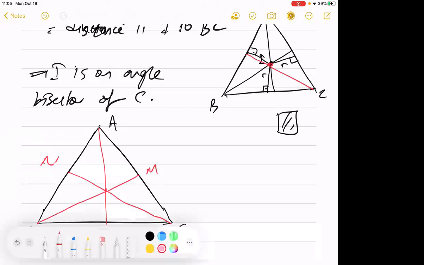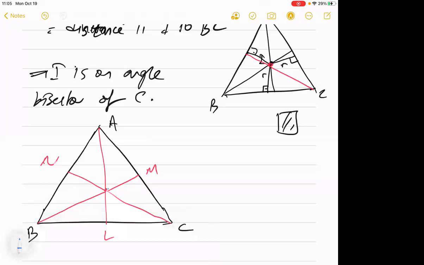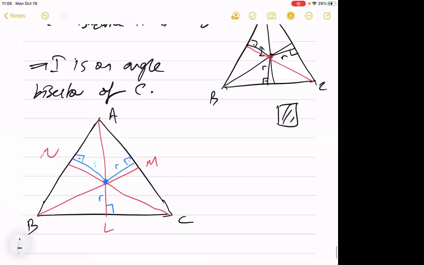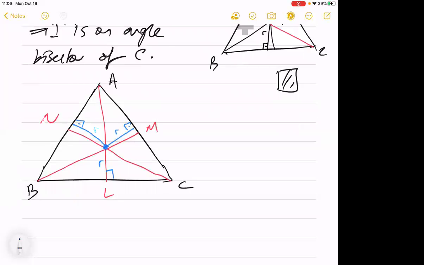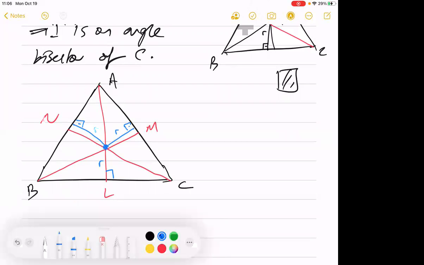If we draw these heights, the distance from I to that side is, let's say, R. The distance from I to AB is also R, and the distance from I to BC is also R. That's also R.